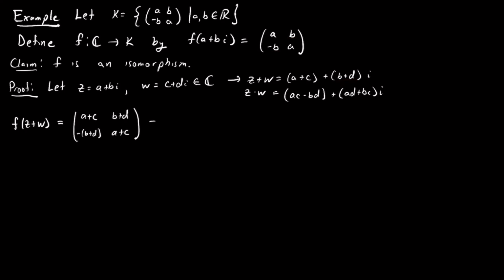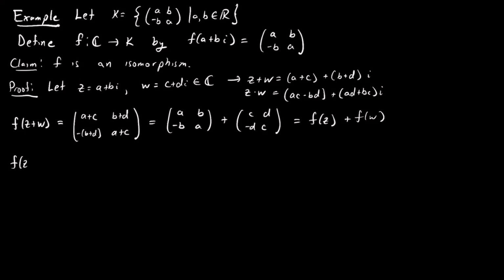And what do I notice here? I notice that this is just the matrix [a, b; -b, a] plus the matrix [c, d; -d, c]. And what is this? This is just f(z) + f(w). So I see that this function preserves my addition operation. So let's check the multiplication operation now.